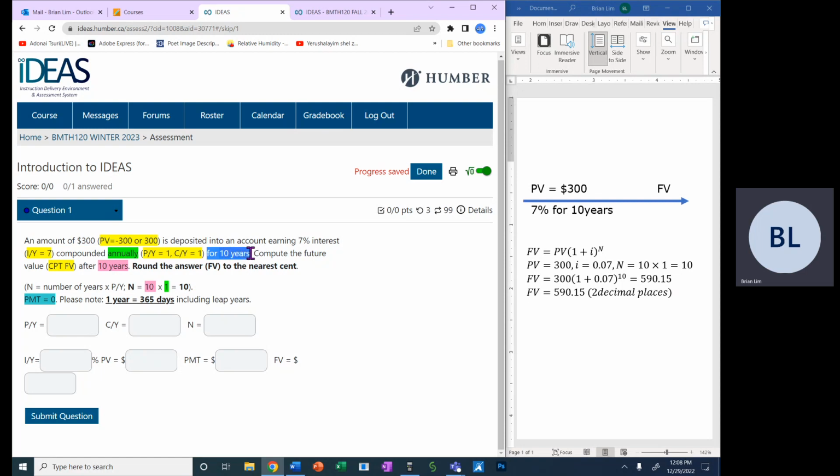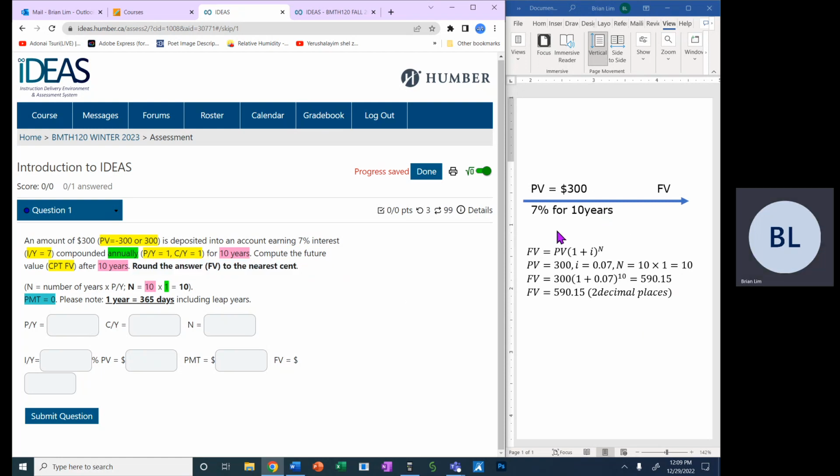That's the duration that the $300 will be compounded for. So we're asked to compute the future value after 10 years, and round the answer to the nearest tenth. Okay, so we will go about doing that.